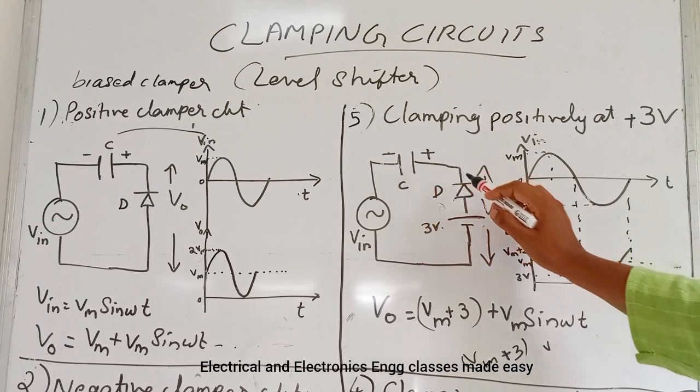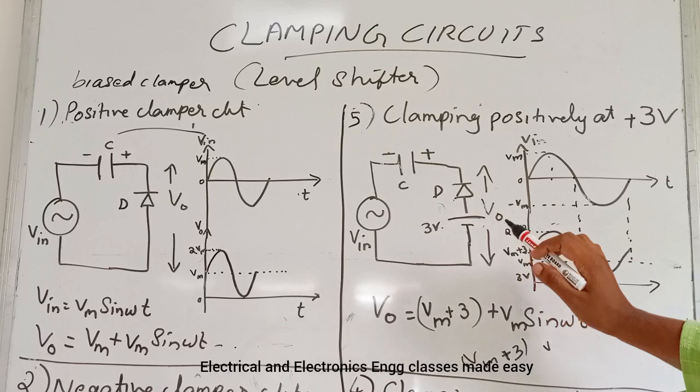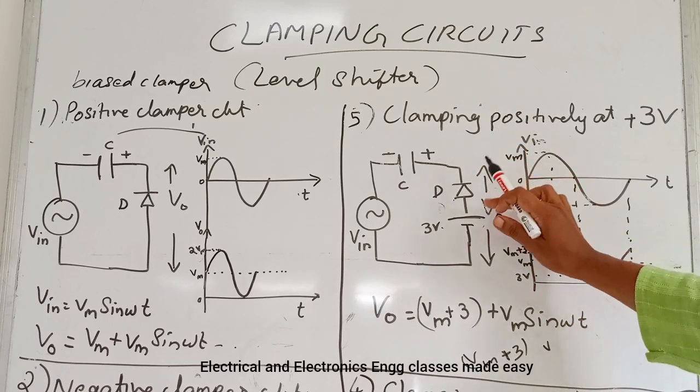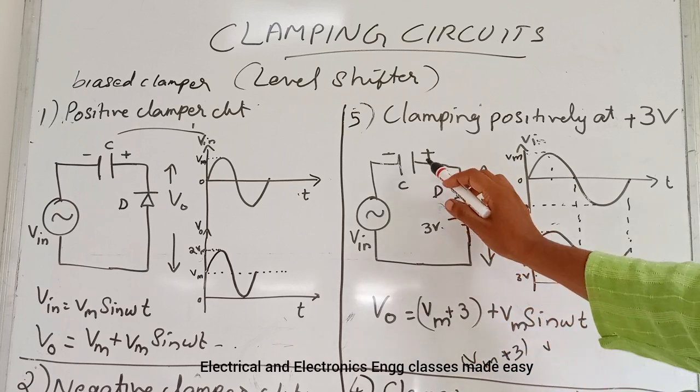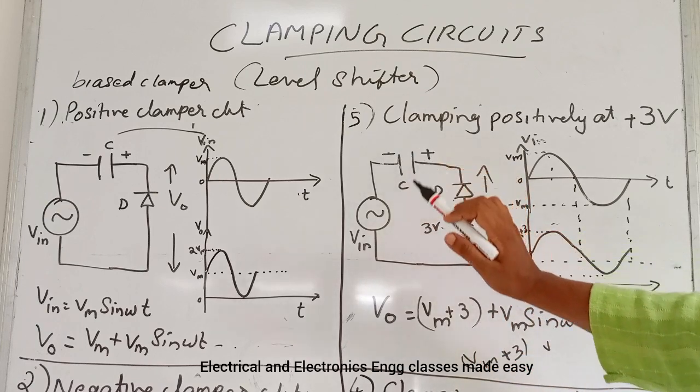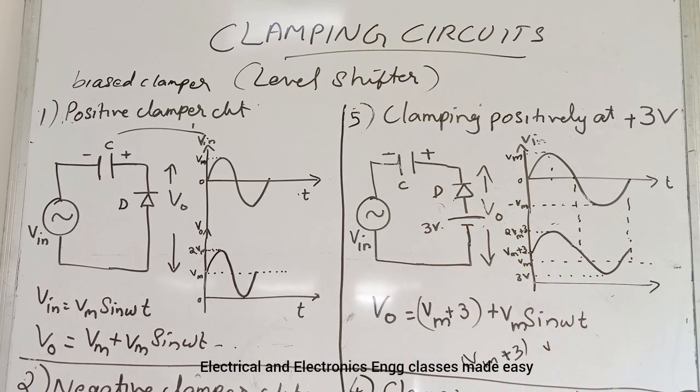And during the positive half cycle the capacitor cannot discharge, and the voltage drop across this reverse biased diode will be the voltage of the capacitor, then plus this Vm.